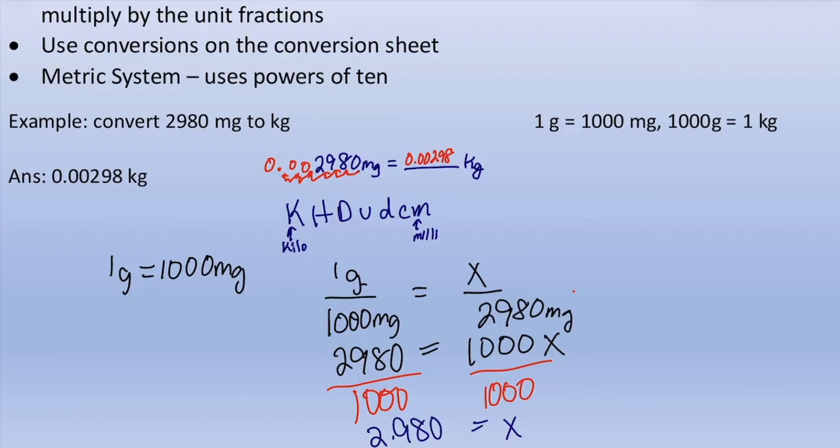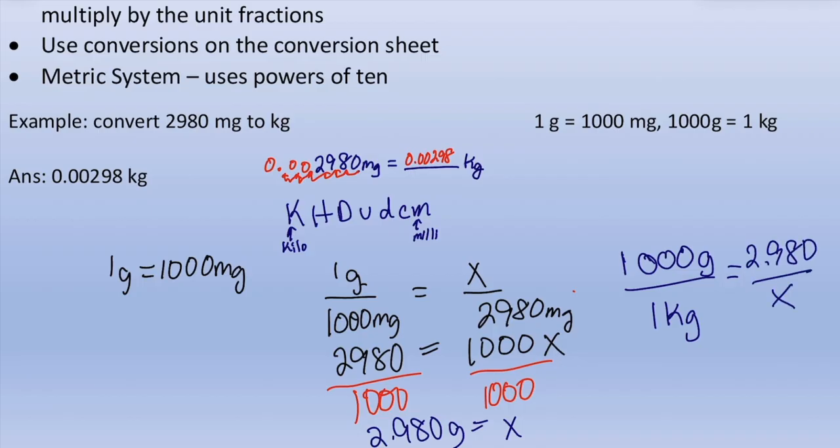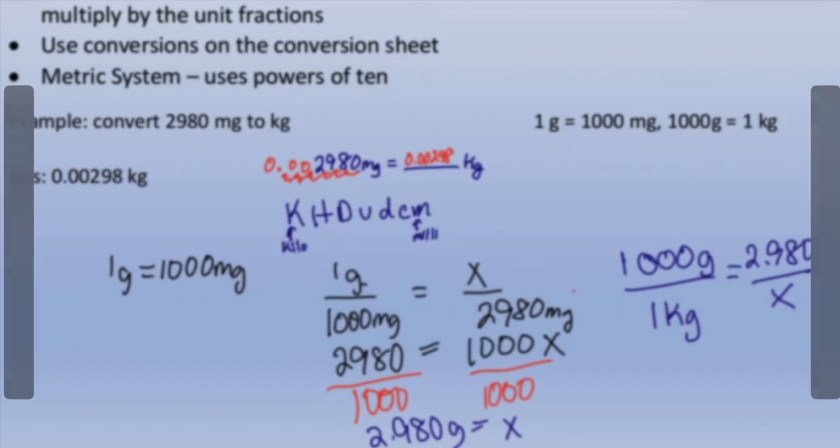Now that is grams. We have to go all the way to kilograms. So now we're going to use this conversion. So we know that 1,000 grams is 1 kilogram. So 2.980 grams is how many kilograms? So again, we're going to cross multiply and then divide.